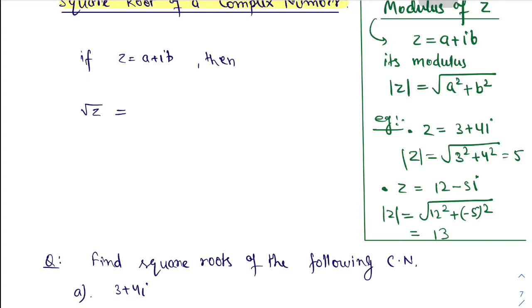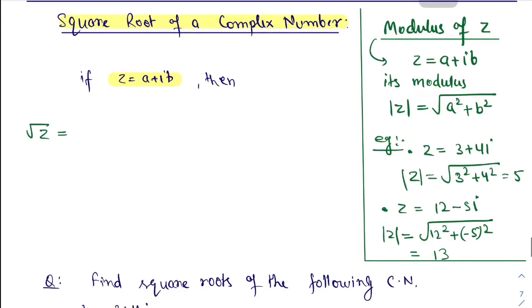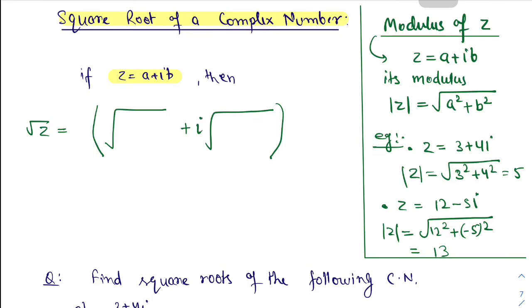So the square root of a complex number, coming back to our topic, if z equal to a plus iota b is a complex number, then its square root, square root of z, will be, look very closely how I am writing the formula. It will be very helpful for you to remember this formula. Just make 2 square root signs and multiply iota in the other one.